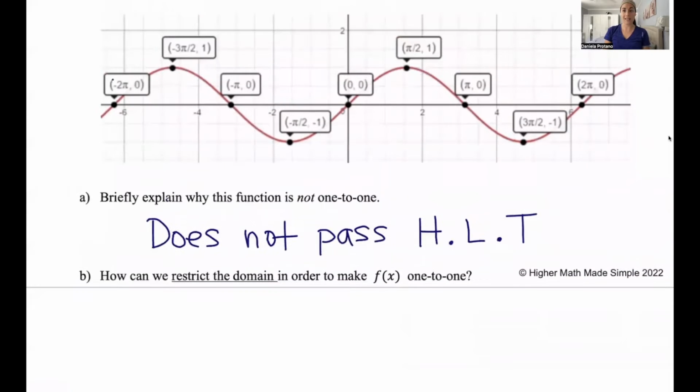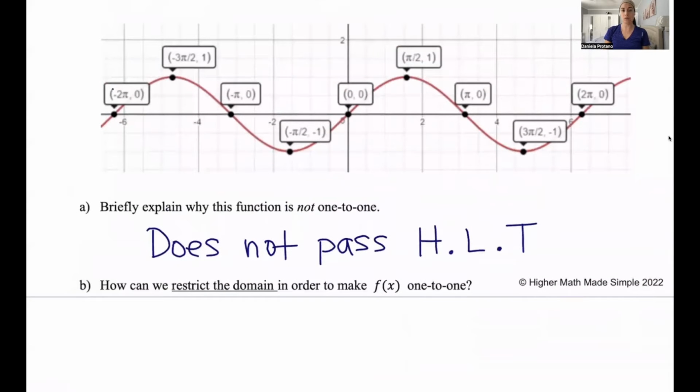So it's not one-to-one, but can we restrict the domain in order to make the sine function one-to-one? And that's where the arc is going to come in handy. Technically, between the x values of negative 3 pi over 2 and negative pi over 2, this little arc passes the horizontal and the vertical line test.